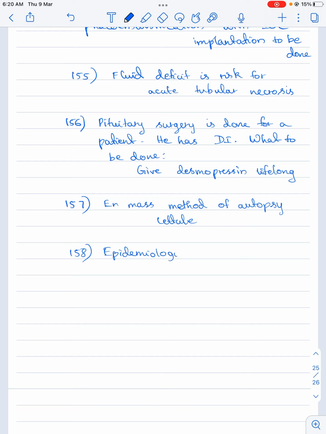Epidemiological study was shown where data was collected from records. So the answer to this is retrospective cohort.